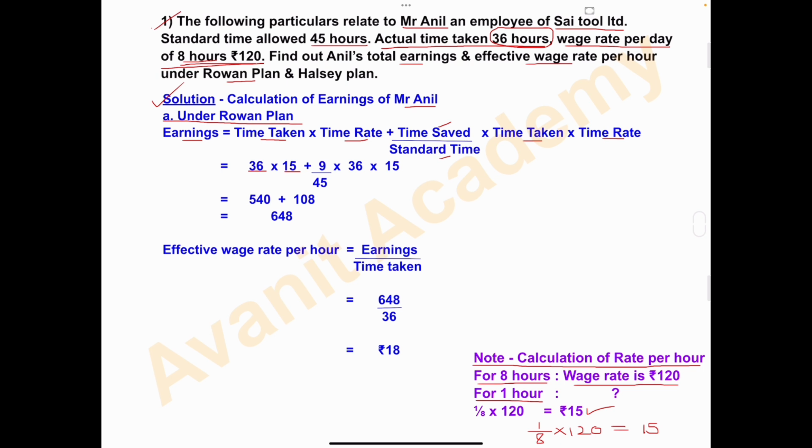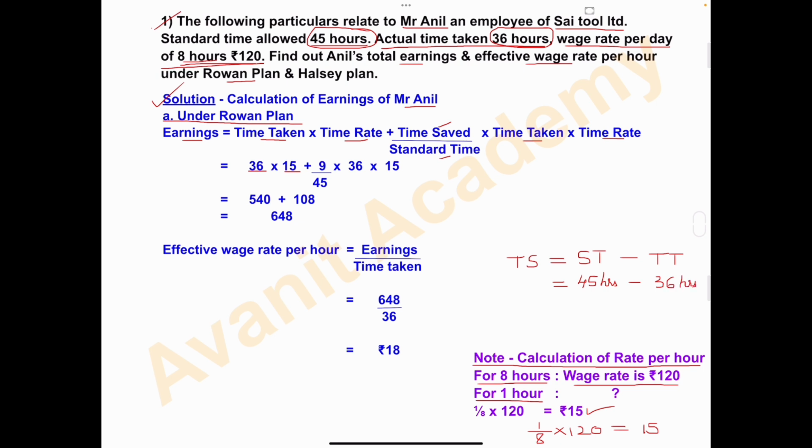Next, time saved. The formula is time saved is equal to standard time minus time taken. Standard time is 45 hours and the time taken by Mr. Anil is 36 hours.